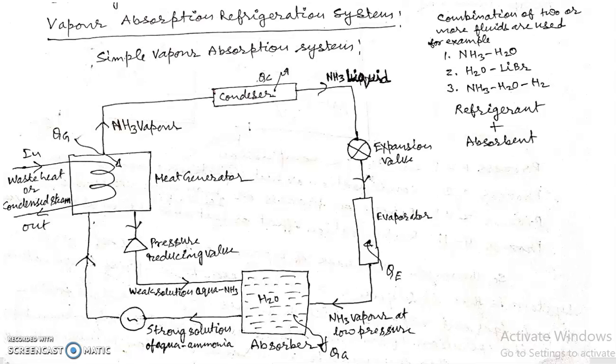Before starting the vapor absorption refrigeration cycle, I want to tell you that in the case of vapor compression system, only one fluid was required, and that was refrigerant. But in the case of vapor absorption system, a combination of two or more fluids is required. For example, we can take a combination of ammonia water, NH3 and H2O, and another is H2O lithium bromide.